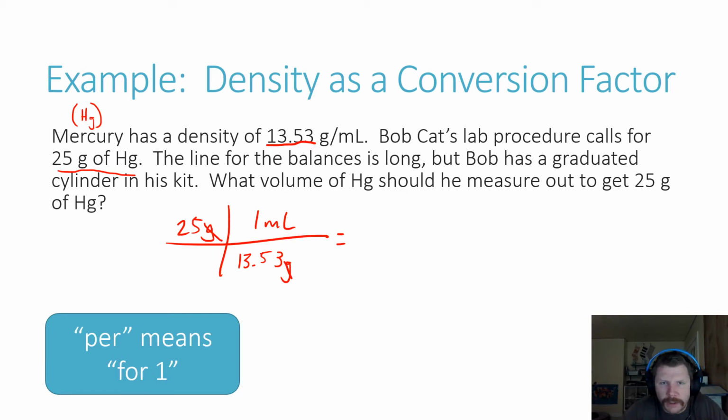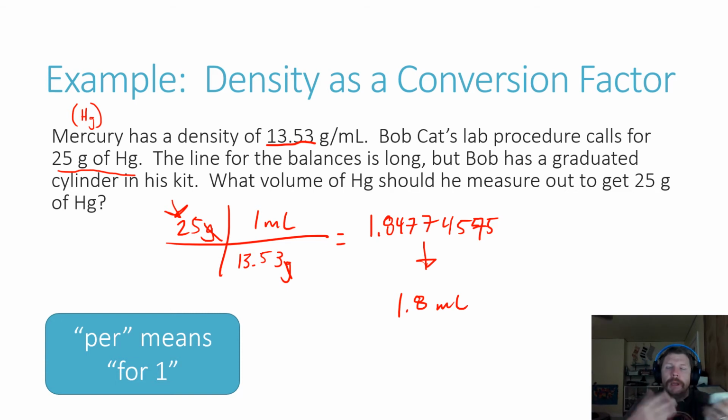That gives me an answer of 1.84775. And you round this down to 2 sig figs, and that would be 1.8 milliliters. So essentially, Bob can use the graduated cylinder to get 1.8 milliliters of mercury, and boom, he has the 25 grams that is needed.